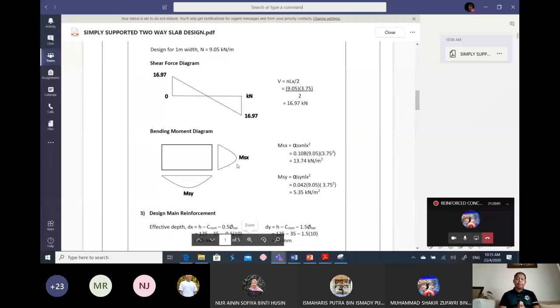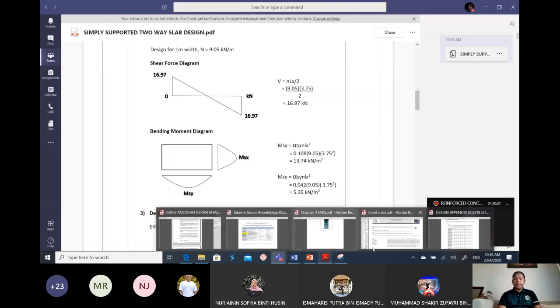So here is the difference between the shear force and bending moment for a two-way slab simply supported. The shear force is the same, n equal to n Lx over 2, but for the bending moment, there are two directions, at the short span and also the long span, because it is a two-way slab. How to determine this bending moment?